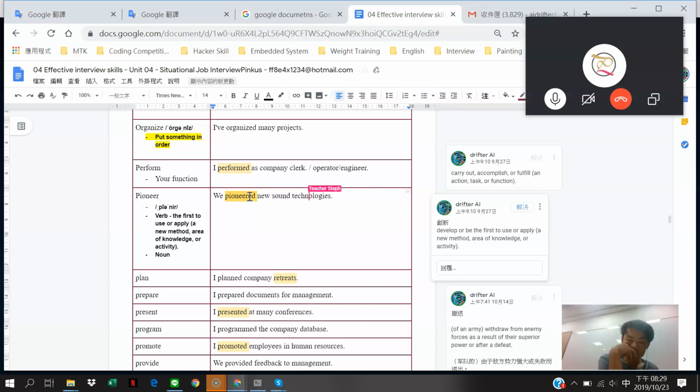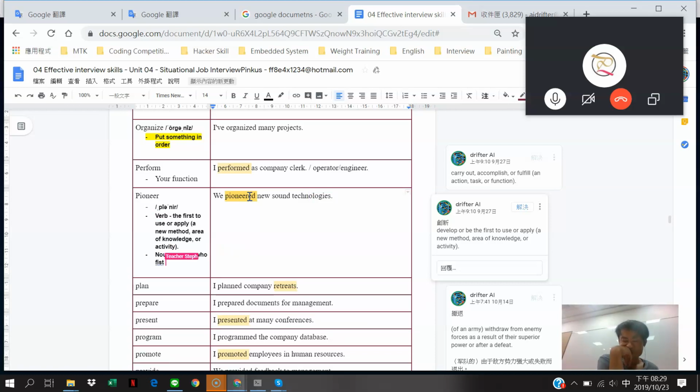So that is a verb. When we say a noun, this refers to a person who first uses or applies it, the person who does the action. When we refer to the action of what they do, that should be a verb.